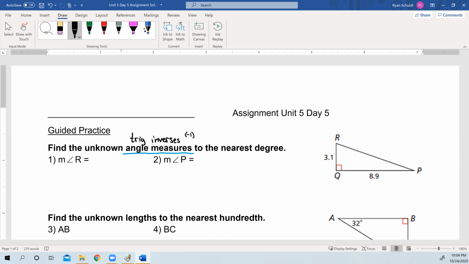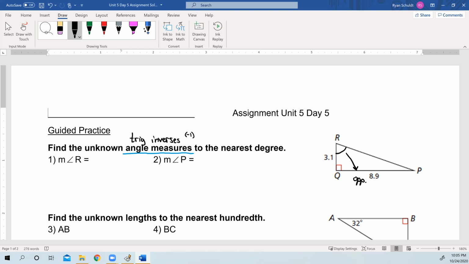Okay, first they ask us about the measure of angle R. So let's see, this 8.9. How does it relate to angle R? Is it opposite, adjacent, or the hypotenuse? It's opposite.